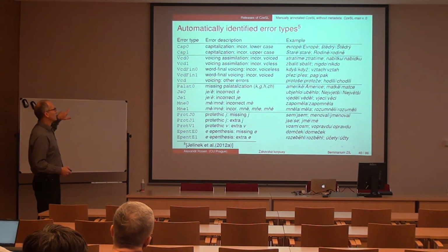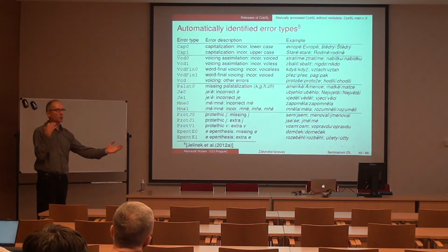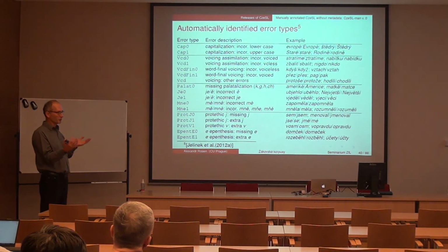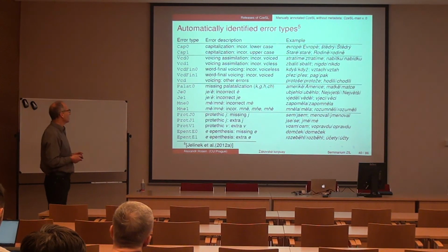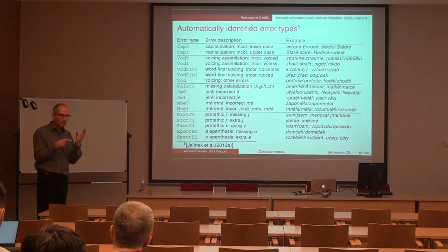Some of those error types are assigned automatically just by comparing the result and the original. So you can say, oh, there is an acute accent missing, or there is this grave accent missing, and there is even something more linguistic. You can say, oh, it should be palatalized, but is not.